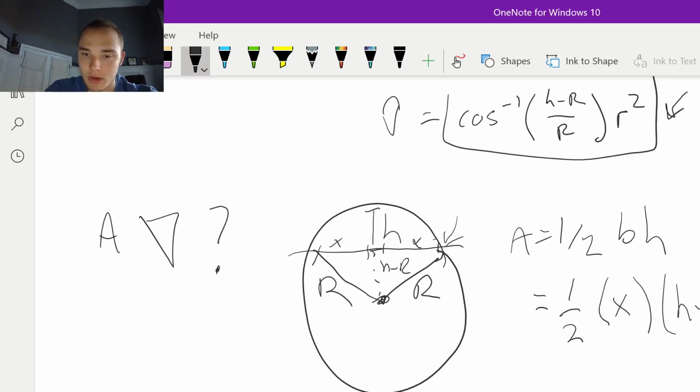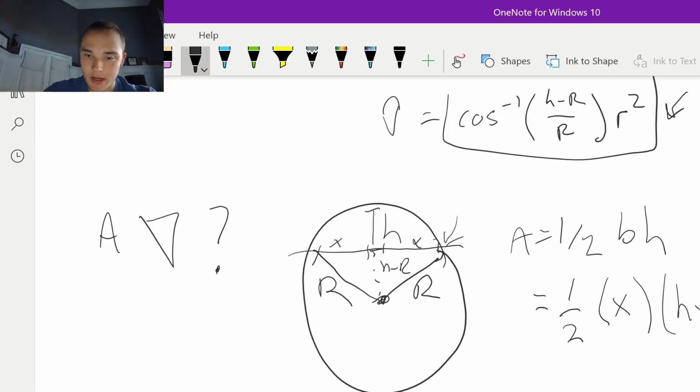So you can write r squared equals x squared plus h minus r squared. Now we just need to solve for x, and to do that we have x squared equals r squared minus h minus r squared.